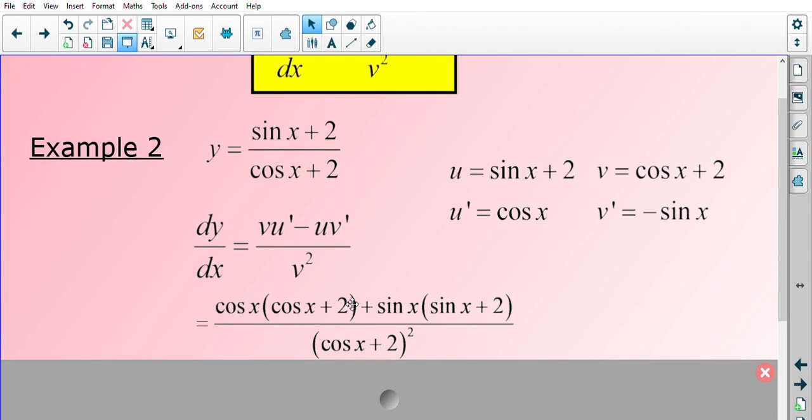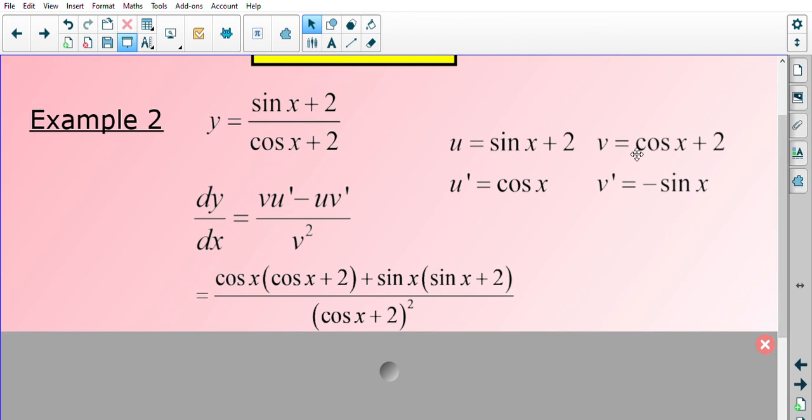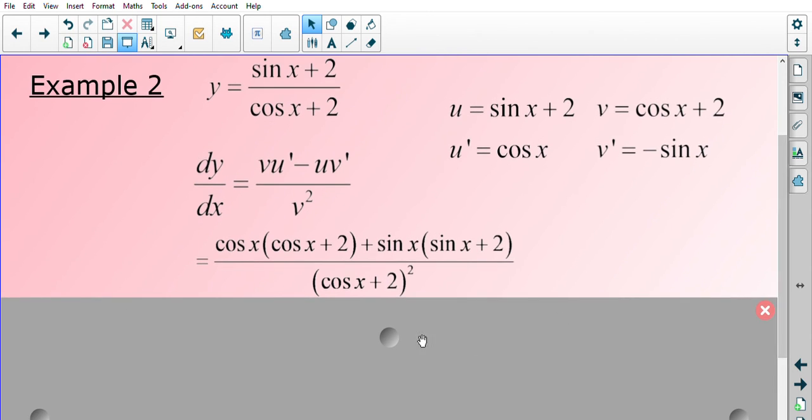Then take away u multiplied by v prime, so sin x plus 2 is going to multiply by negative sin x. Because we are taking away anyway, that negative will cancel with that take away, so I get a positive here, plus sin x multiplied by sin x plus 2. Remembering divide by v squared, v was cos x plus 2, so it's going to be cos x plus 2 all squared.